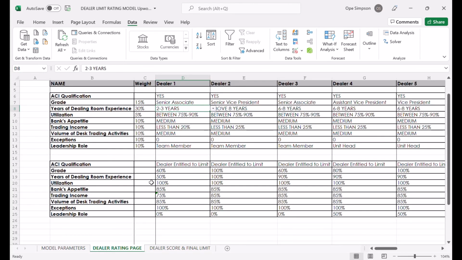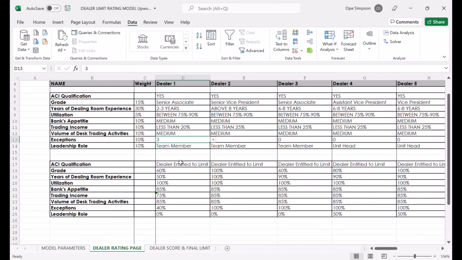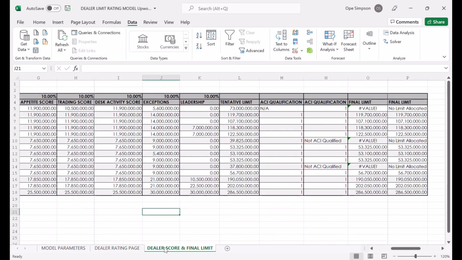Going back to our dealer rating page. For example, if we say dealer 1 has, let's say, 3 exceptions, we notice that his final dealing limit drops to $73 million. If we edit this further and we say he's not ACI qualified, we notice that he has no limit allocated to him.